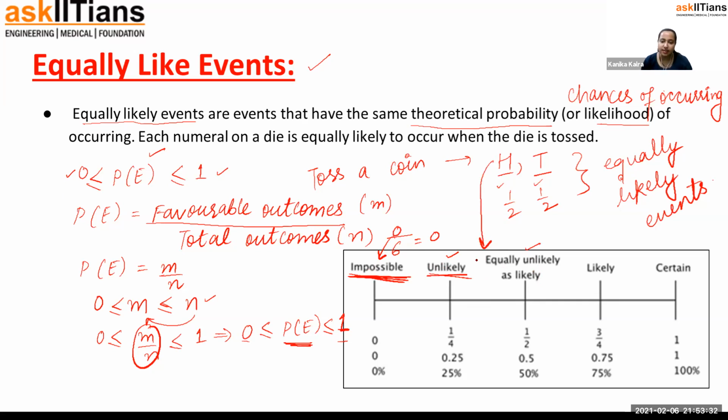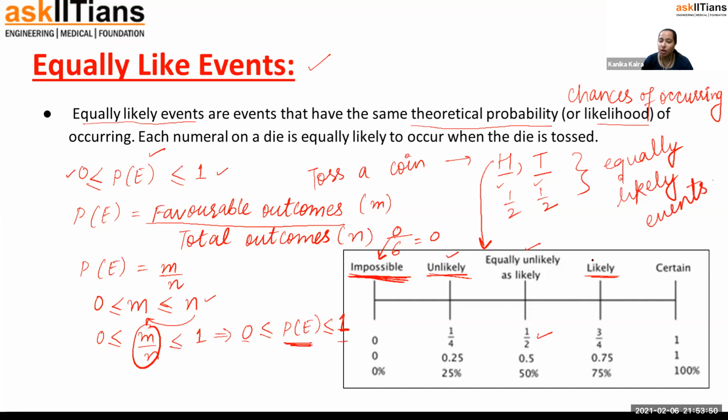In this, the chances of a head and a tail, both of them are equal. That's 50-50. That is why the probability would be 1 by 2, and these are known as equally likely outcomes or equally likely events.